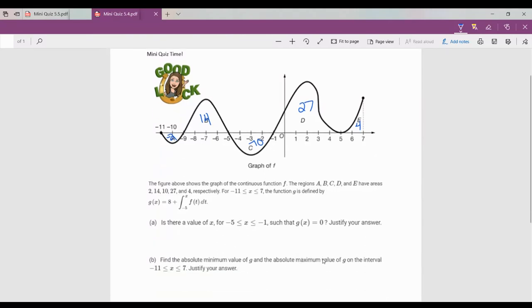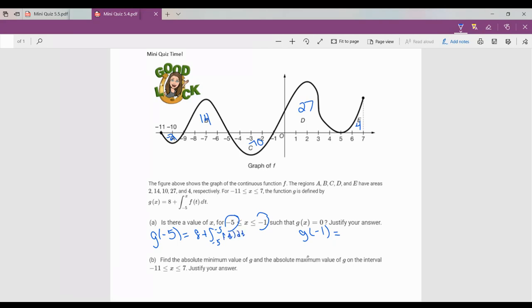They gave us -5 and -1, so the first thing I'm going to do is find g of -5 and g of -1. If I plug -5 into the g function, I get 8 plus the integral from -5 to -5 of f of t dt.